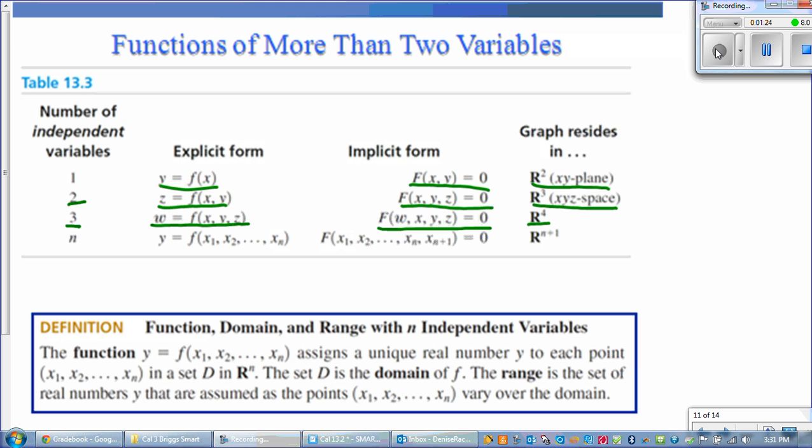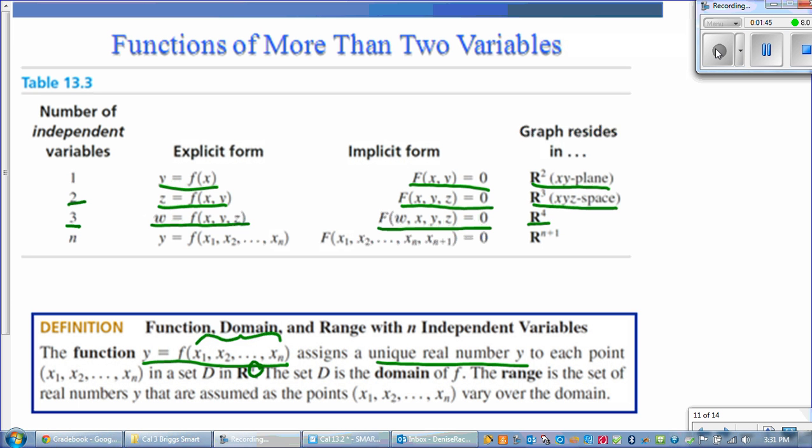The function given explicitly by y equal f of x1, x2 up to xn gives a unique real number y to each point in the set D, which is the domain in Rn. So the number of independent variables denotes the size of the space.